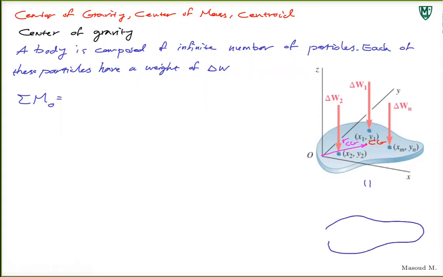What I'm trying to find is the spot, the center of gravity, where I can put the weight of the whole structure, W, which is basically delta W1 plus delta W2 plus the weights of all these particles. Right?